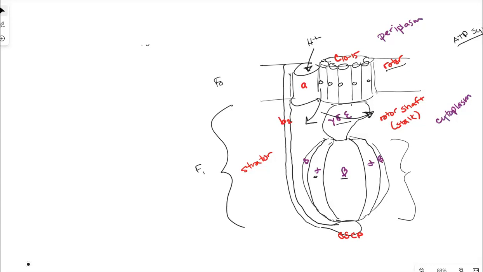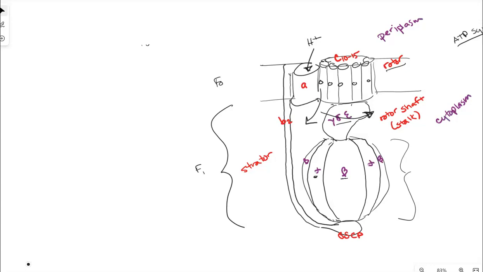3 of these, each located mostly on beta subunits, but with some residues contributed by an alpha subunit, are catalytic sites for ATP synthesis. The other 3, each located mostly in an alpha subunit, but with residues contributed by a beta subunit, are non-catalytic and inactive.